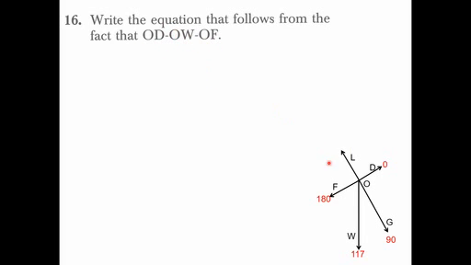Ray OW is between rays OD and OF. And that seems true. Again, why? Because its coordinate, 117, is between 0 and 180, or 0 is less than 117, which is less than 180. Good old definition of betweenness.